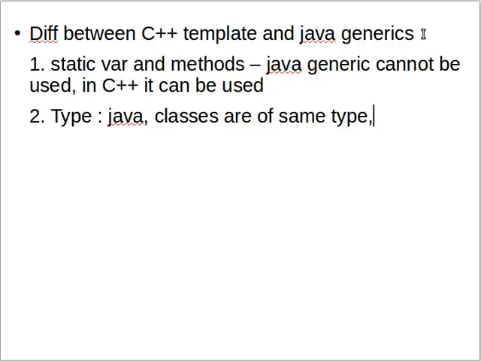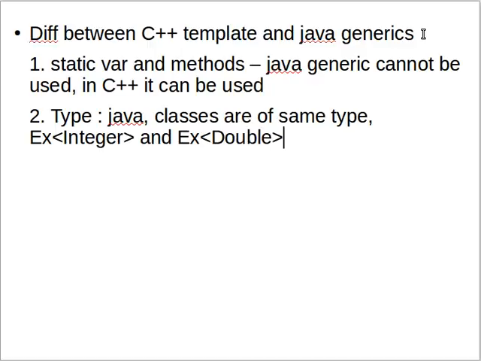For example, even if we have a class Example parameterized with Integer, and again a class Example parameterized with Double, both are of the same type, class Example. However, in C++ they are different class types.